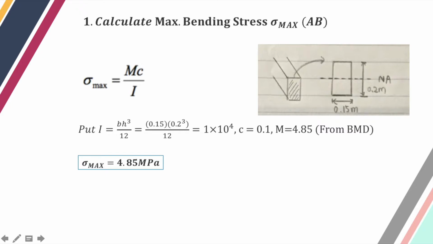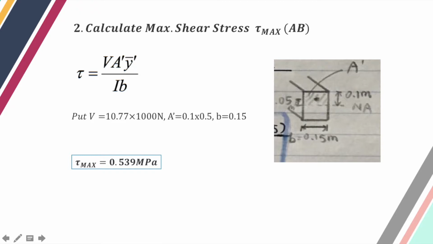Using this formula for the assumed cross-sectional area on the right-hand side, the sigma maximum is 4.85 megapascal. The second thing is the maximum shear stress, which is found to be 0.539 megapascal by the formula.